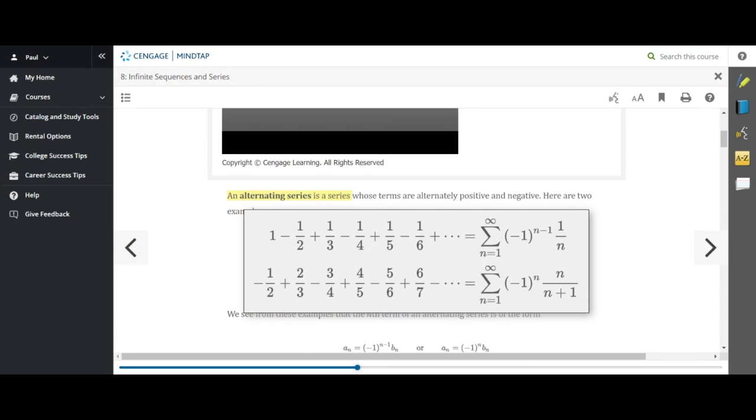Okay, a question that comes to mind, and maybe I'll put this on the whiteboard, is the following. Make a note here. The series 1 plus a half plus a third plus a fourth plus a fifth plus a sixth and so forth.